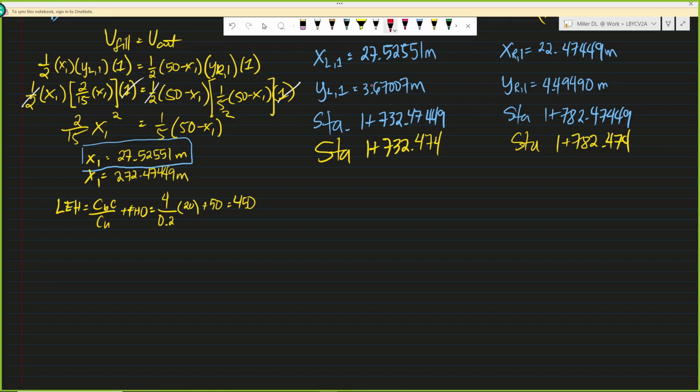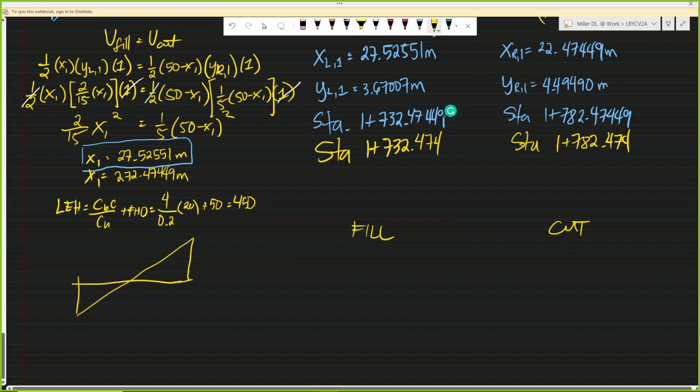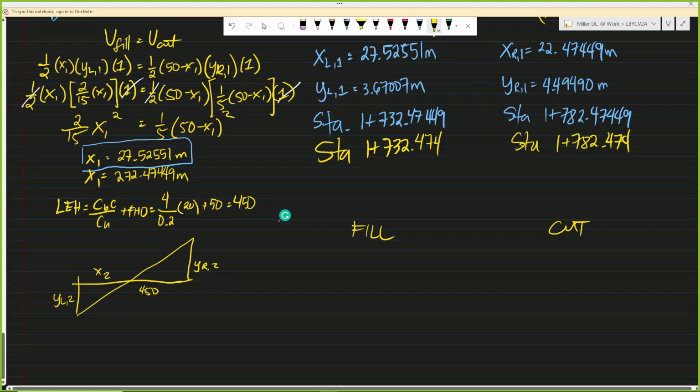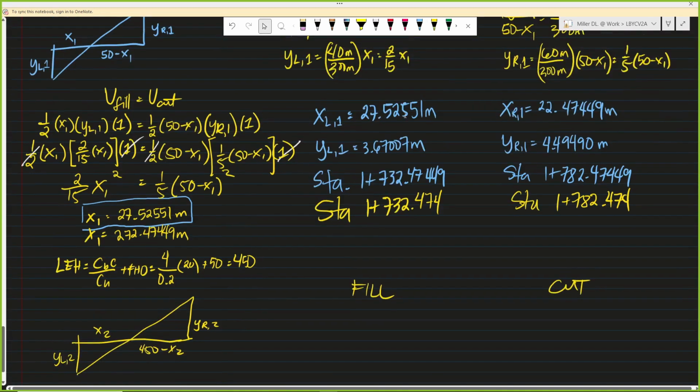Okay? So, we have our cut and fill again. Fill, then cut. So, ganun pa rin ang gagawin natin. Ratio and proportion, this would be x sub 2, y sub L2, y sub R2. Ito naman is 450 minus x sub 2. Okay, katulad lang ng ginawa natin kanina.